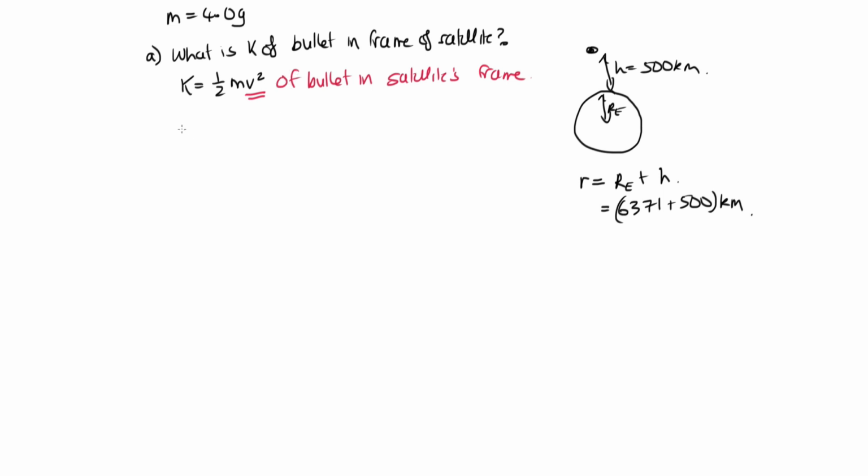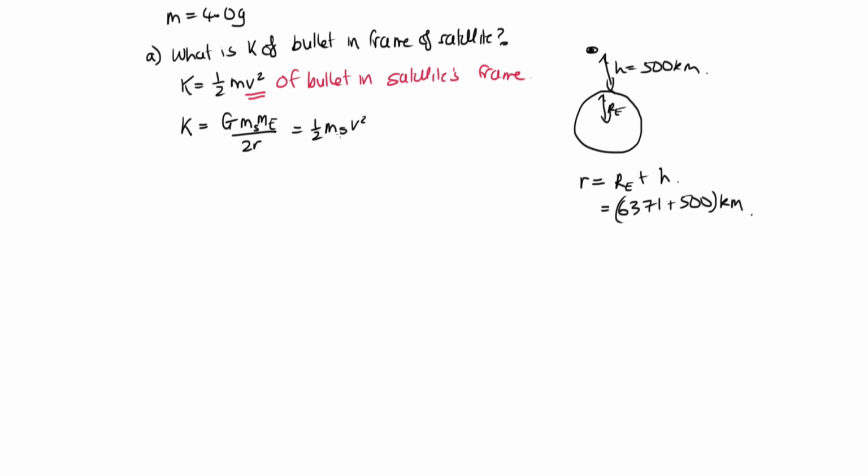Okay, so we know that the kinetic energy for the satellite is equal to G times the mass of the satellite times the mass of the Earth over 2r, let's put little s there, and that this is equal to a half mass of the satellite times the speed of the satellite squared. So we can use this equation here to get the speed of the satellite.